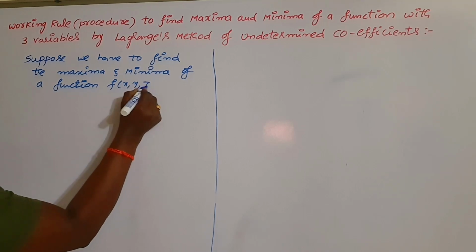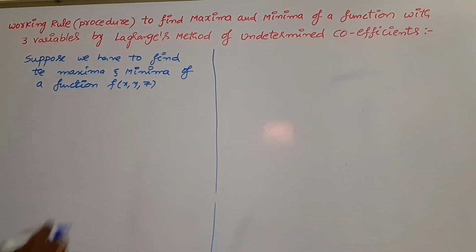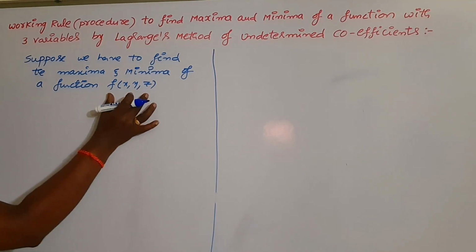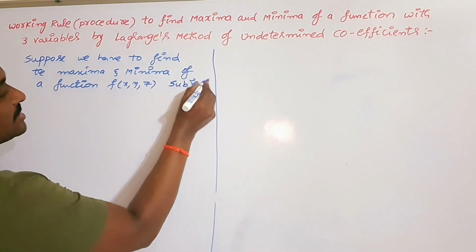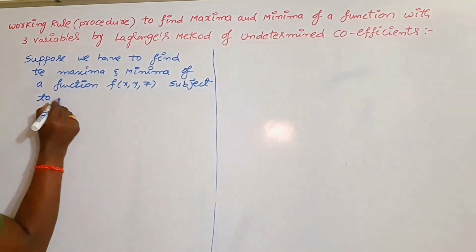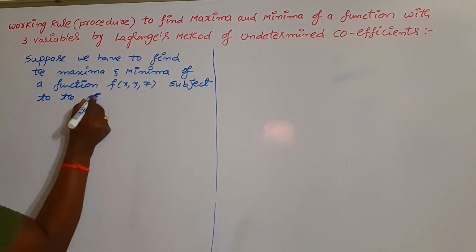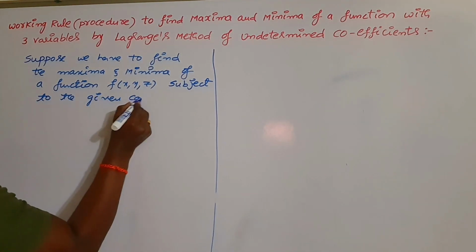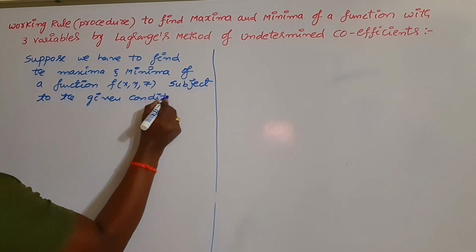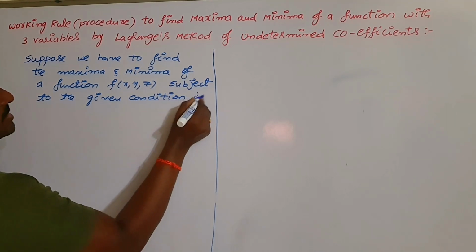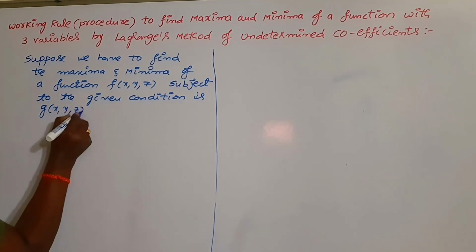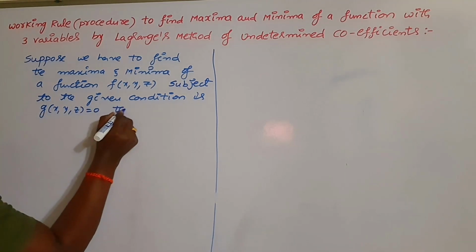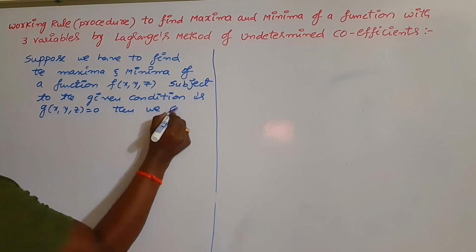Already know that a function with three variables is simply represented by f of x, y, z, subject to the given condition g of x, y, z is equal to 0. Then we can use the following steps.